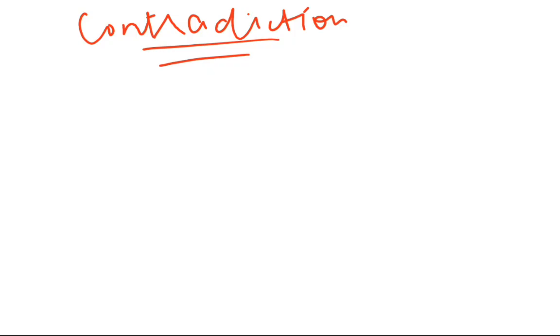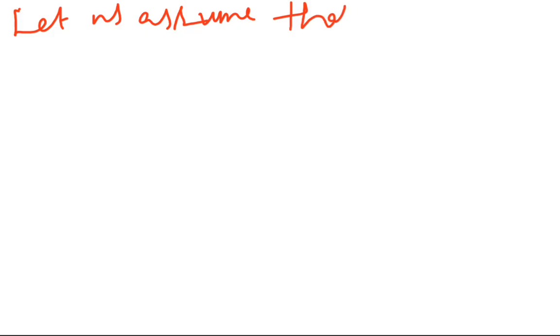So now let us assume that root 5 is rational. Let us assume that the statement is more important. Let us assume that root 5 is rational.